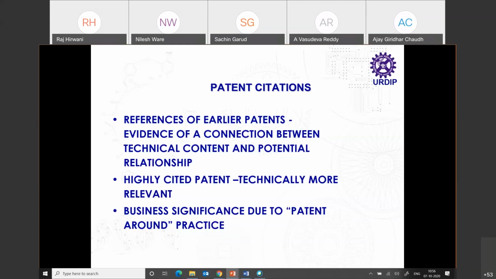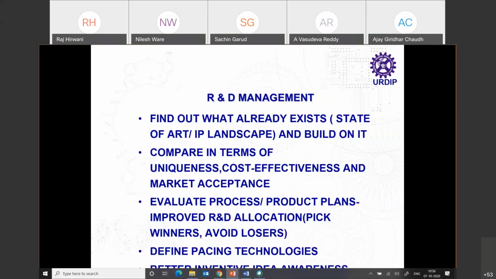When we are doing technology management, how can we use this information? First and foremost is R&D management. Whenever we do research, because we are excited by something, we get certain ideas. But we must find out what already exists.